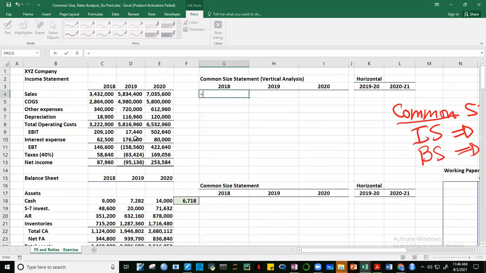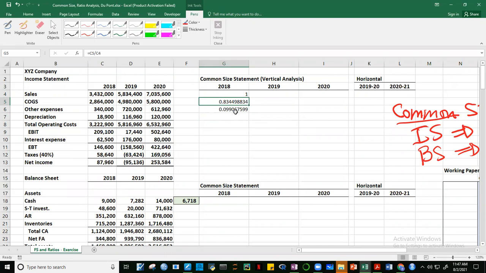So this is equal to, for example, sales divided by sales. So of course, it's 100%. And the next one will be cost of goods sold divided by sales. Okay, and then equal to other expenses divided by sales. So ibig sabihin nito, guys, sa bawat piso na sales, ang cost nung binenta natin is around 83 centavos.